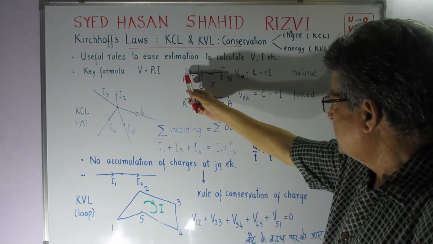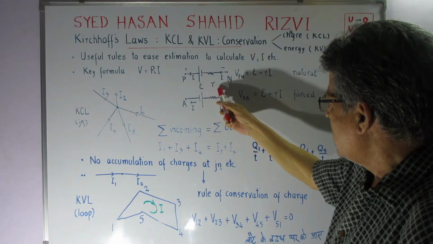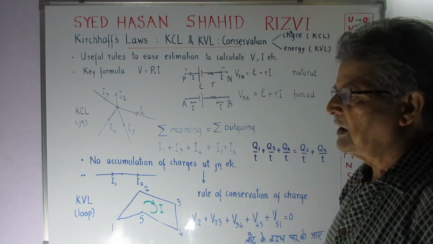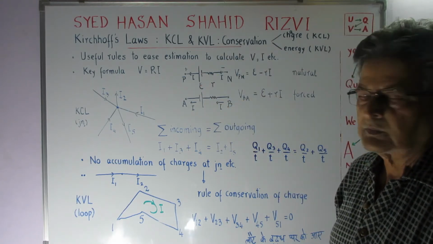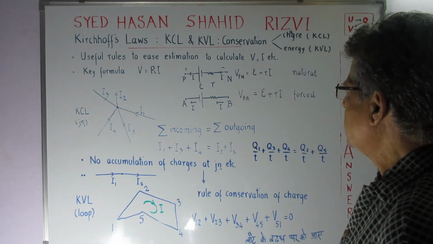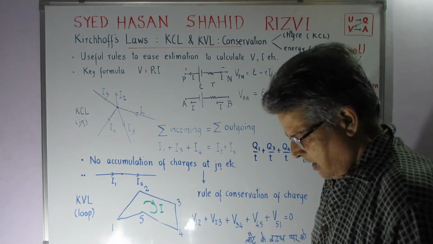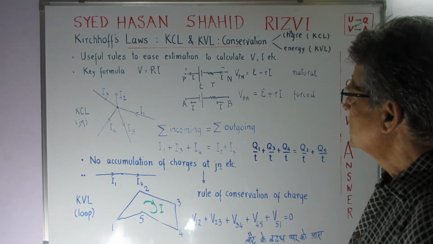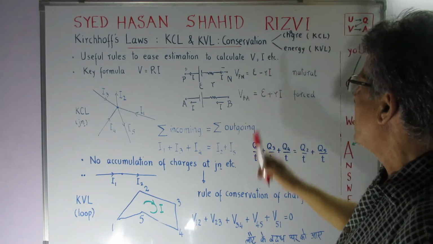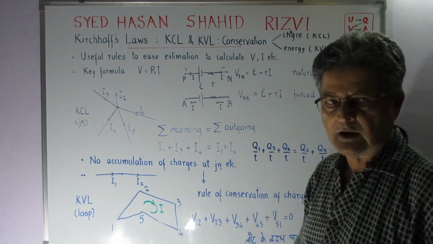So when we are traveling from here to here, then we encounter this small r, but the current in the small r is coming in this direction. Therefore, what we will write, Vpn will be equal to E minus Ri. Friends, this is the natural flow of current in the cell.